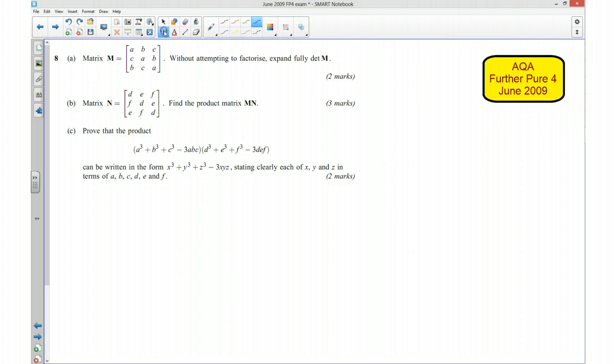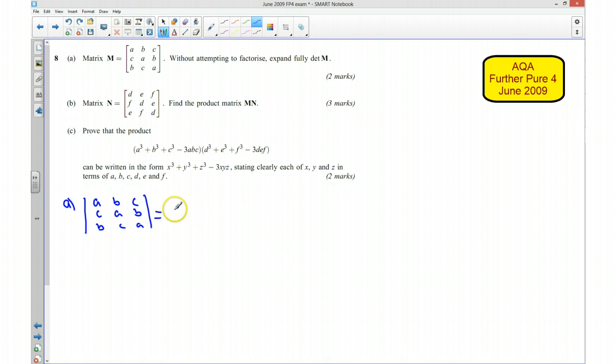So what we're looking for is just the determinant of this matrix M. So I'll write this out as, okay, and we're not going to factorise it at all, so we're simply just expanding it out.